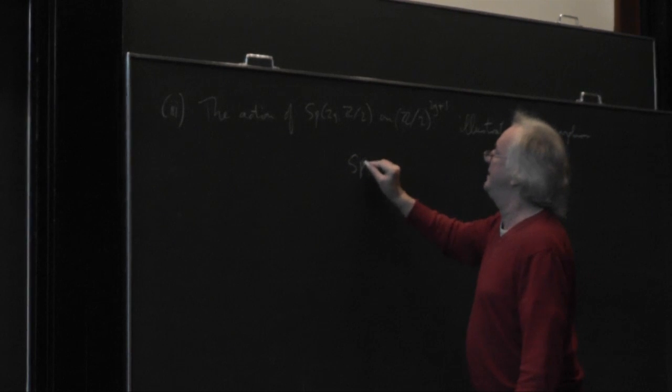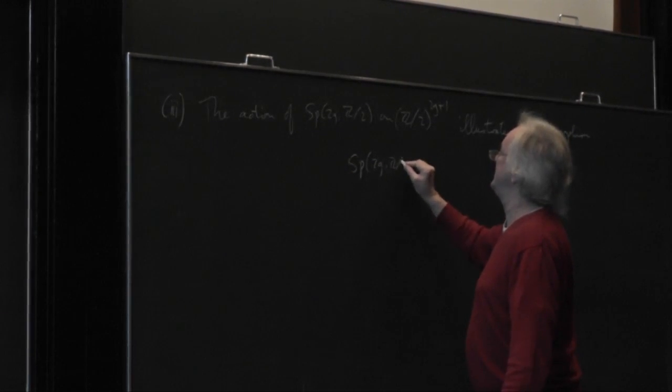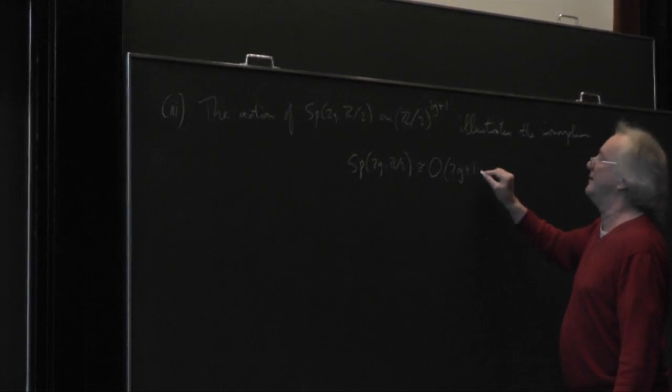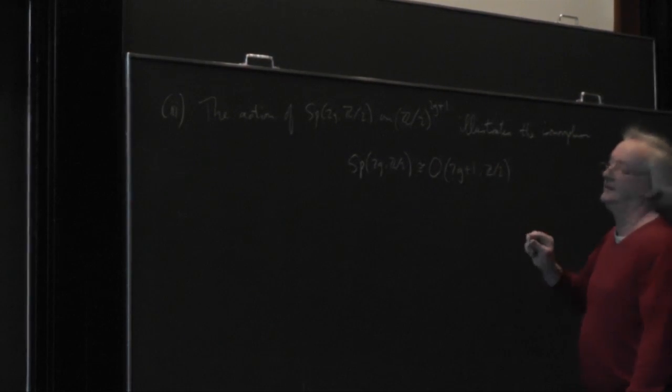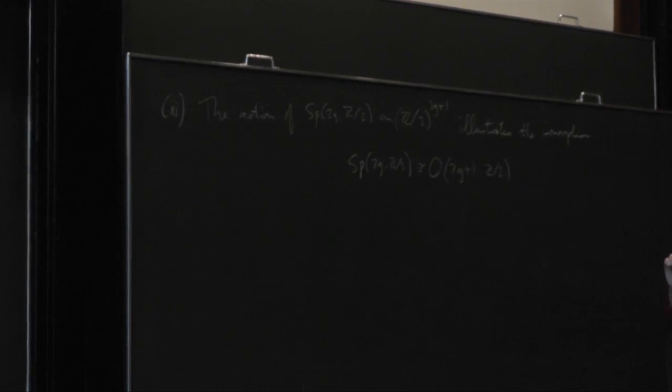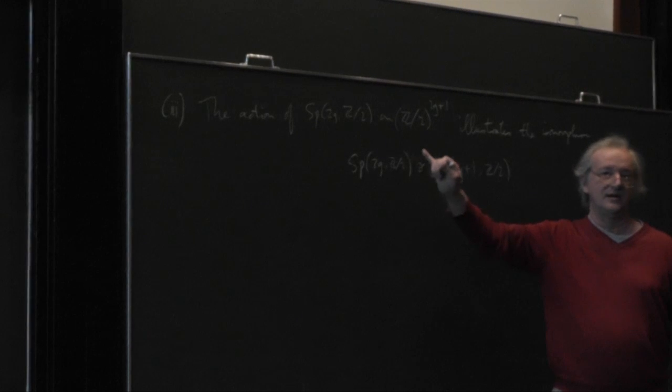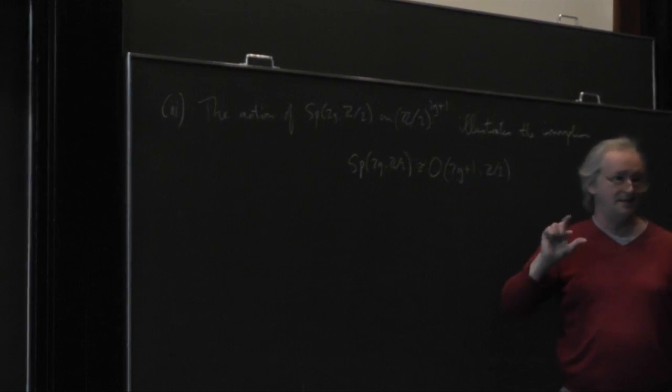between Sp(2g, Z mod 2) and the orthogonal group in dimension 2g plus 1. So this is something exceptional and characteristic 2. The B_n Dynkin diagram and the C_n Dynkin diagram are the same in characteristic 2.